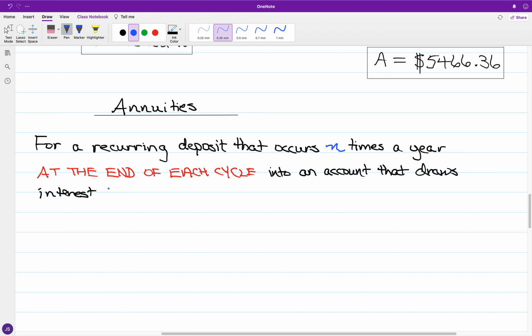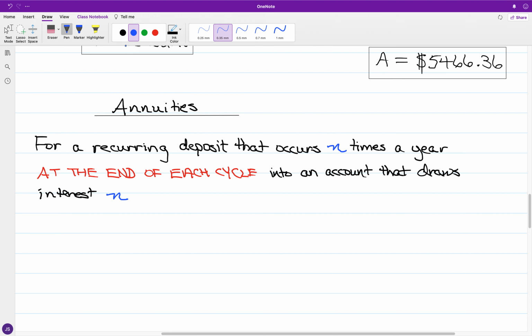And again, you have n times a year as well, so the deposit frequency and the compounding frequency are the same.